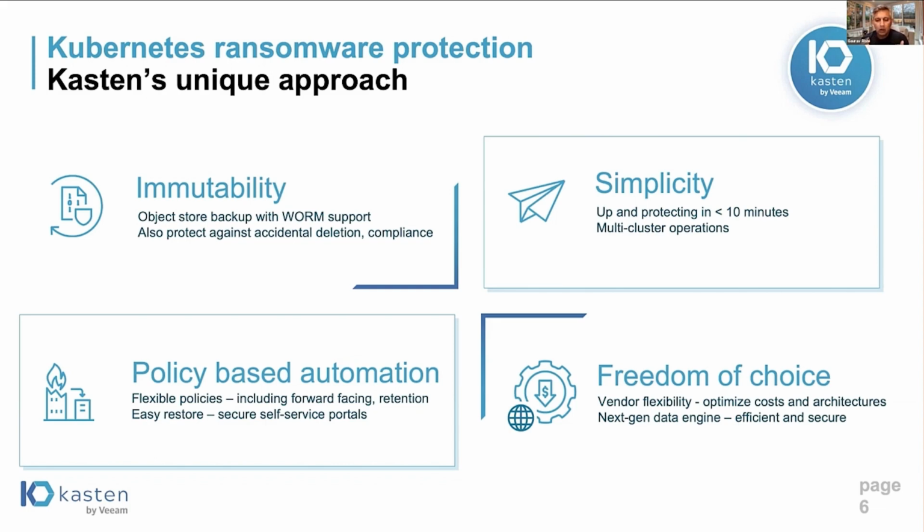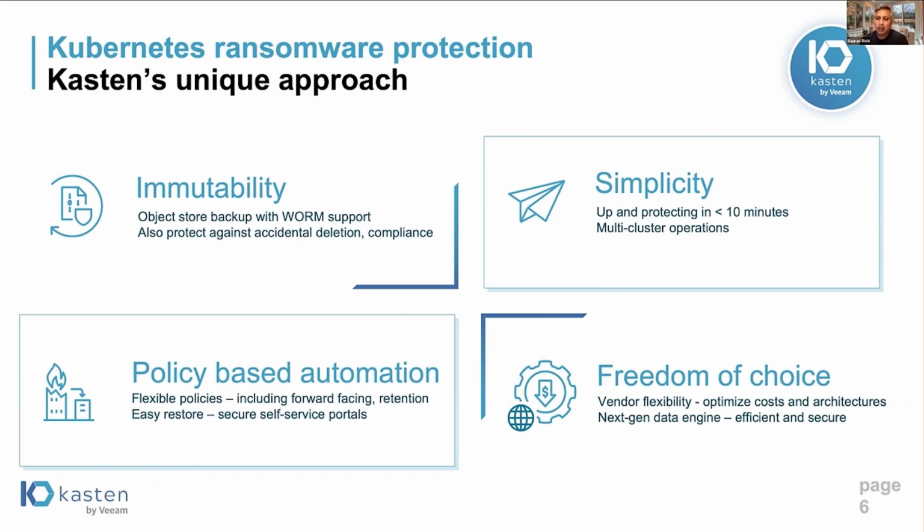And then we can also make these policies forward-looking. What I mean by that is, as soon as an application is introduced into a cluster, Kasten K10 policies can automatically discover that an application has been added, figure out what the dependency map of that application is in terms of the persistent volume claims and Kubernetes objects associated with it, and back up all of them on an ongoing basis.